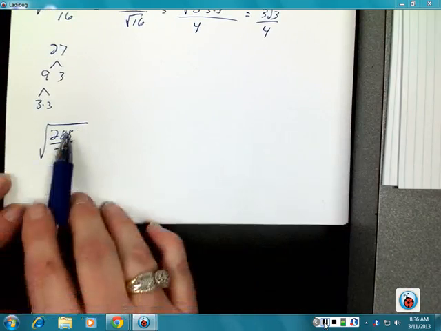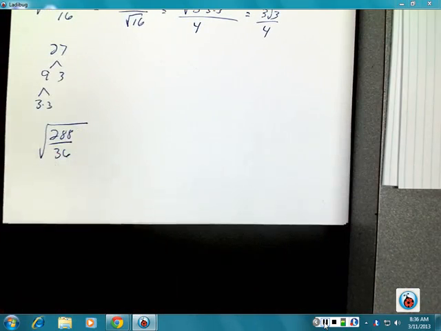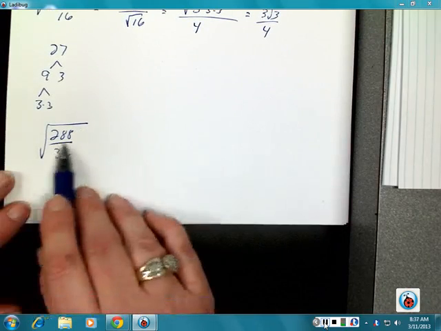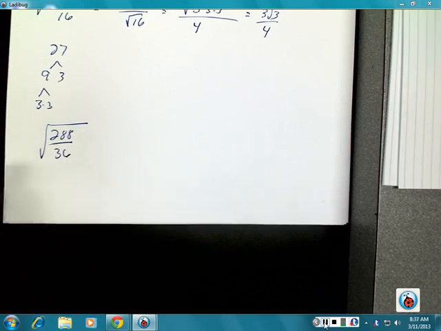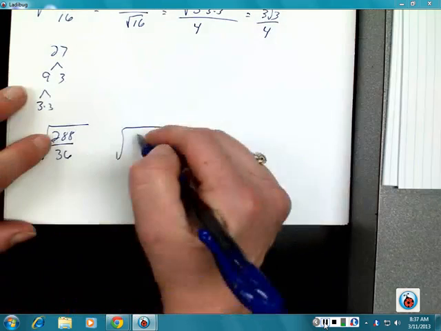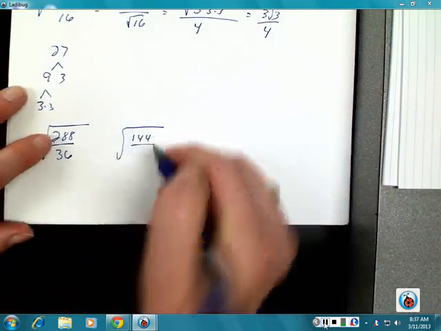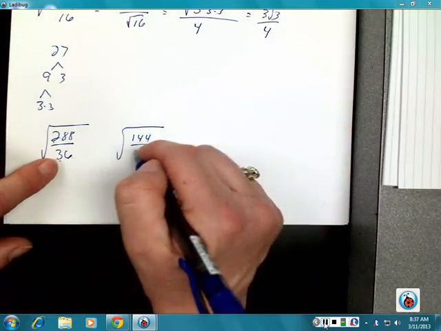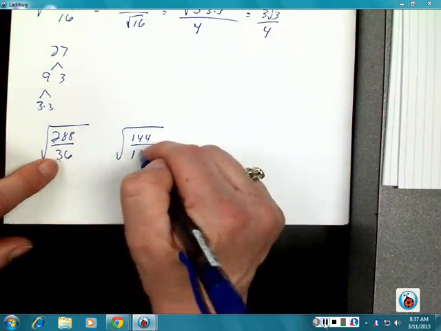And notice they're both even on the end, so that would tell me that 2 would go into them. But sometimes it might mess me up, because 36 is a perfect square on the bottom too. So I don't know. They say that you should reduce them if you can. And in this case, if I reduce it by 2, what happens? 2 goes into 288 144 times. 2 goes into 36 18 times.